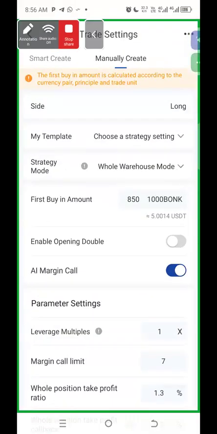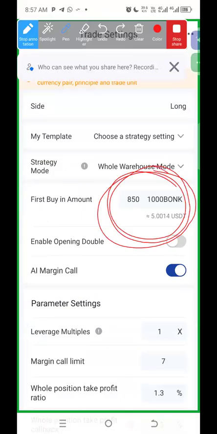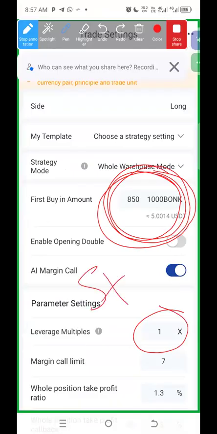So over here we said when a signal is given, first consider the signal. The next thing that you have to do is consider the leverage that you want to use. So this is the leverage. If you want to use 5x, and then your first margin amount is going to be maybe 20.